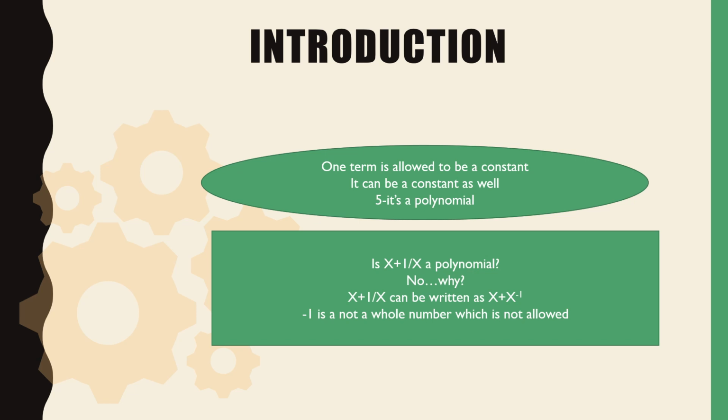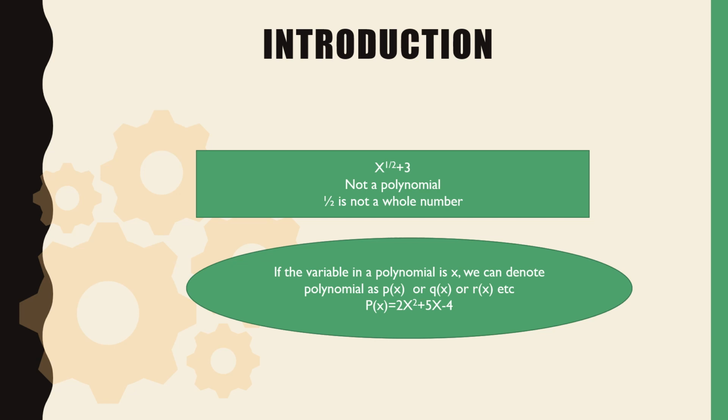Because you can write x plus 1 by x as x plus x raised to minus 1. Here, minus 1 is not a whole number and that is not allowed. Similarly, x raised to 1 by 2 plus 3 is also not a polynomial because 1 by 2 is not a whole number.